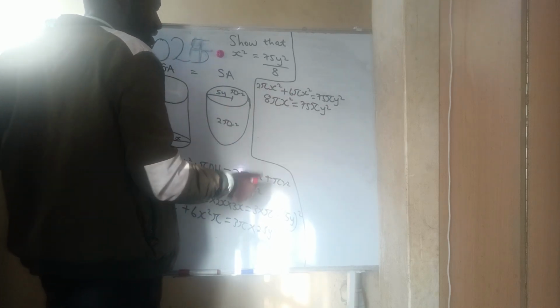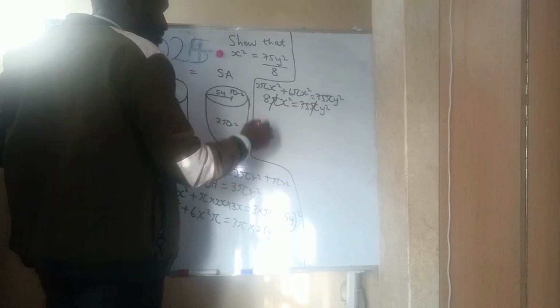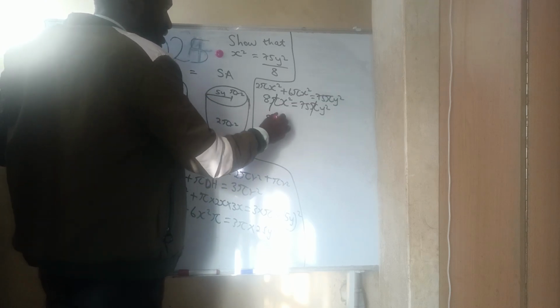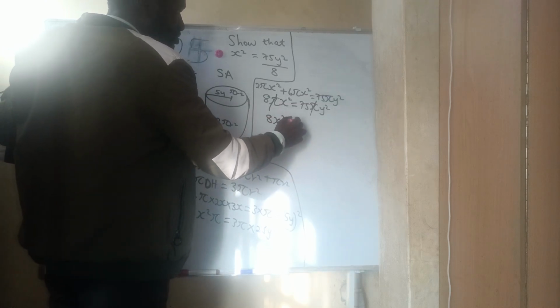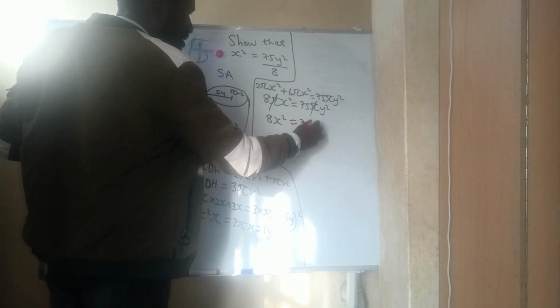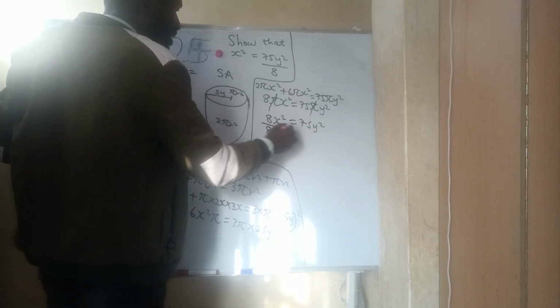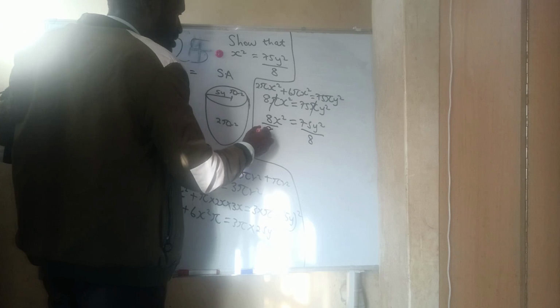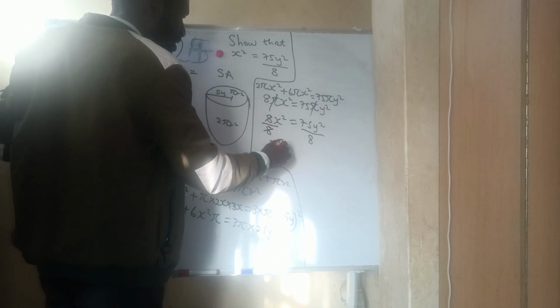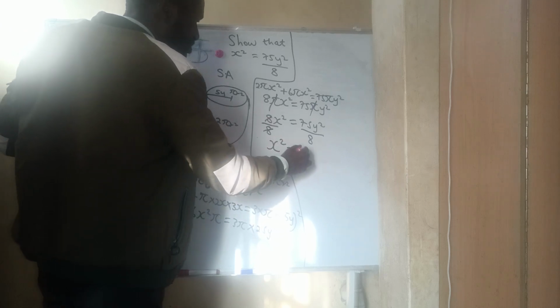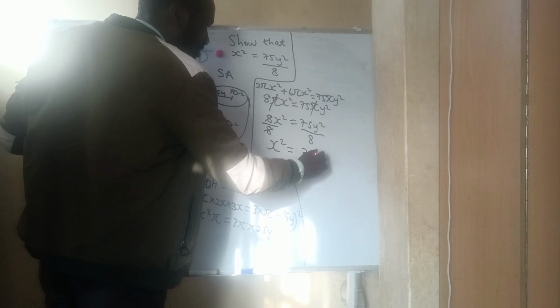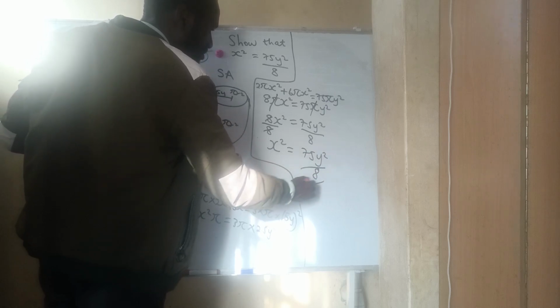Pi is common on both sides, so you can drop it. We shall remain with 8 x squared equal to 75 y squared. I'll divide both sides by 8, so that our x squared should be equal to 75 y squared over 8.